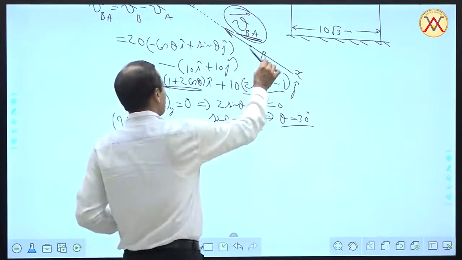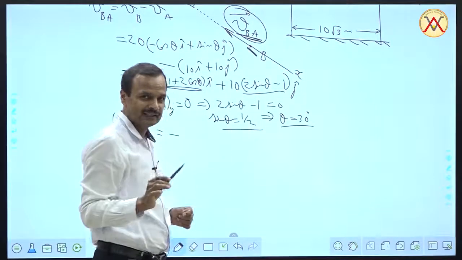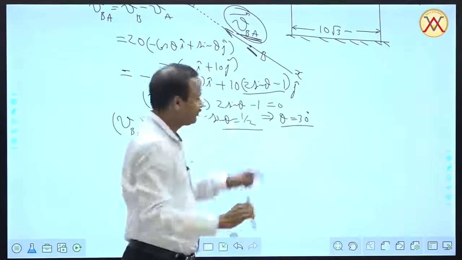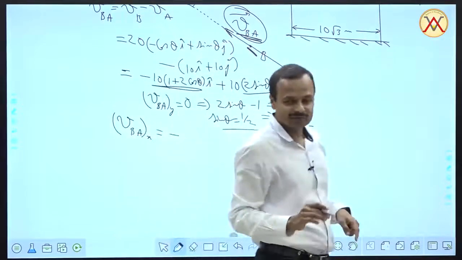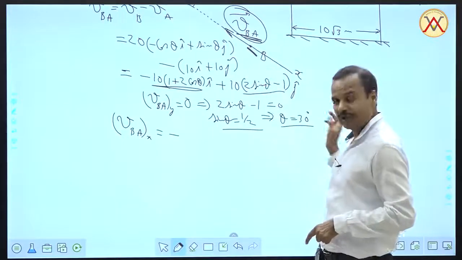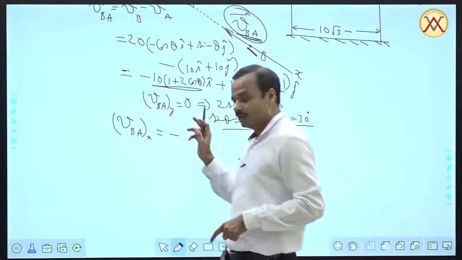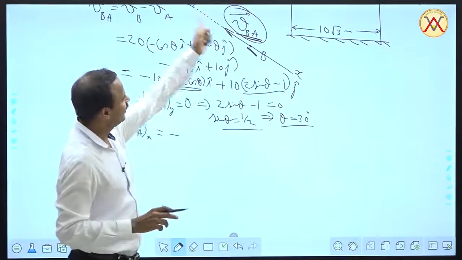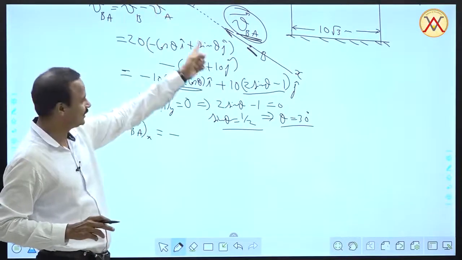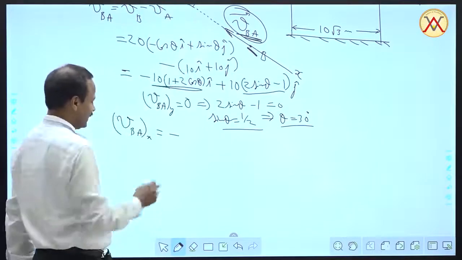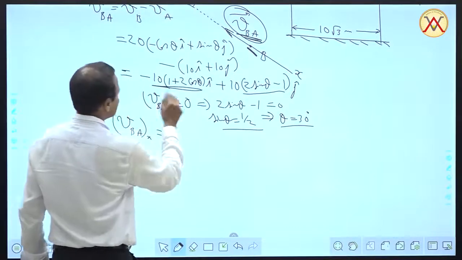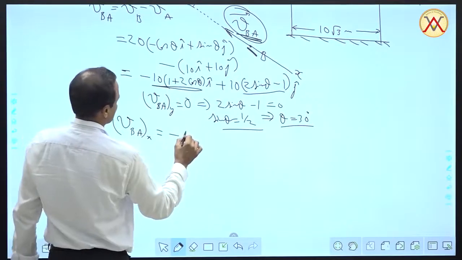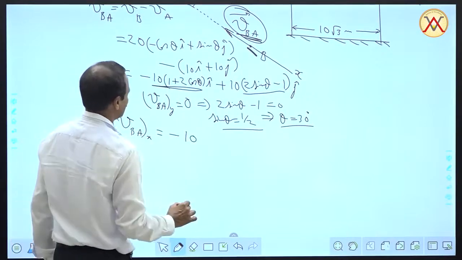Why? Because we want B to move towards A, isn't it? If B moves away from A, with a positive relative velocity in x, it is not going to hit. So in order to hit A, it should have a negative x component. Only then it is moving towards A. So it is a good sign that it has a negative relative velocity x component.